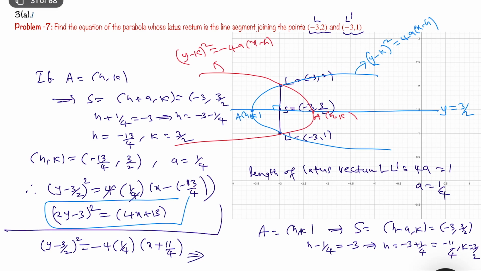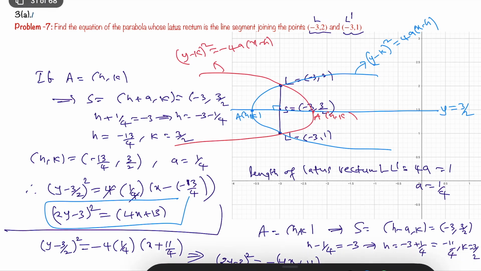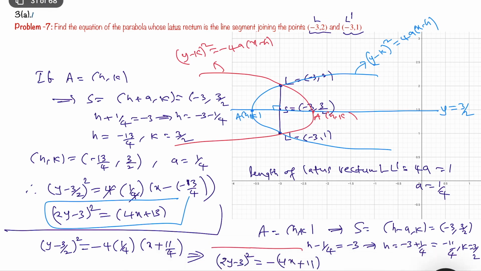So this gets simplified to 2y minus 3 whole square equal to minus 4x minus 11. I can write minus of 4x plus 11. So this is the red parabola which is open left side. Okay, fine.